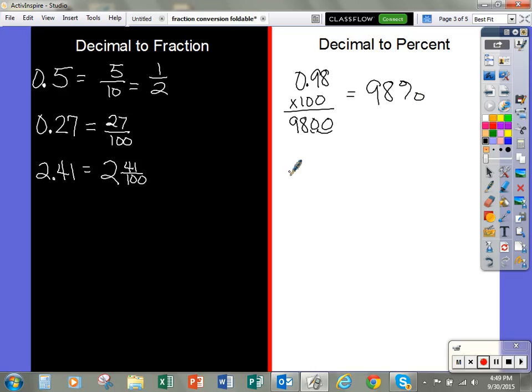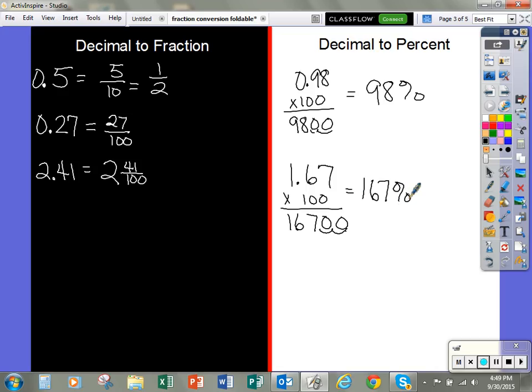If I had something that was greater than 1, such as 1.67, I would still just multiply by 100. And I hope you notice that when you multiply by 100, it's the number that you started with and 2 additional zeros. And then you count back, 1, 2. So that would be 167%.